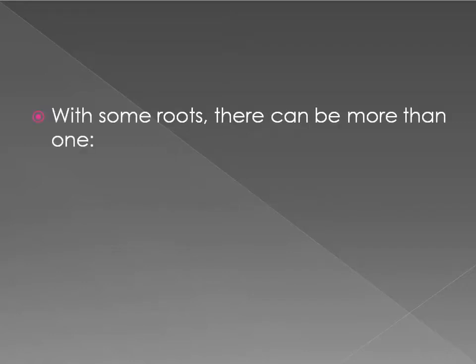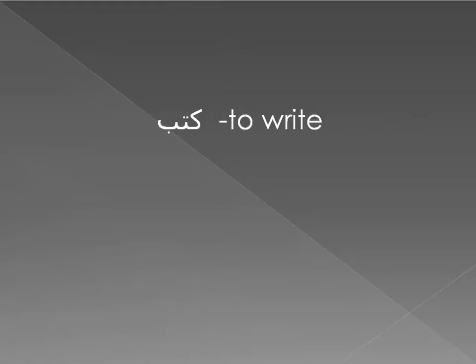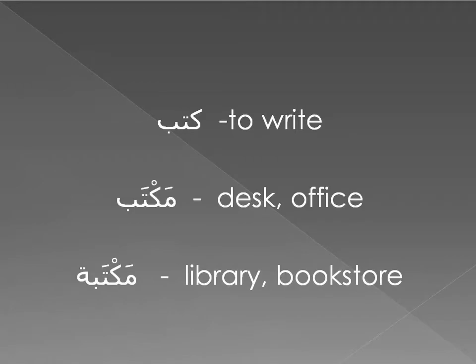Now, with some roots, there can be more than one of these words because there are more than one place where the action occurs. For example, one of our favorite roots, of course, kataba, to write. Well, writing takes place in a lot of different locations. So we have here maktab. Maktab means desk or office. No problem. But you know we also have the feminine, maktaba.